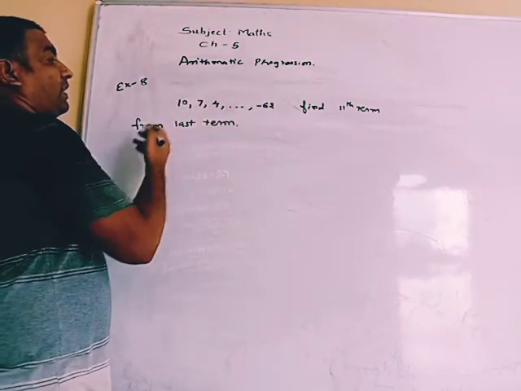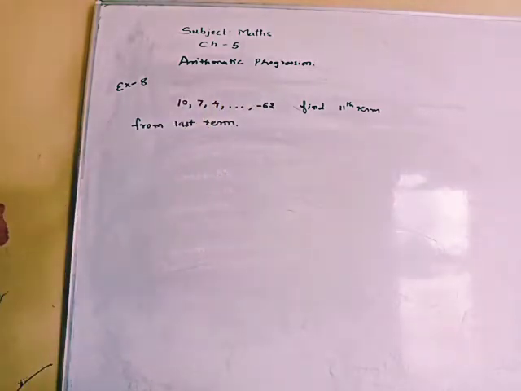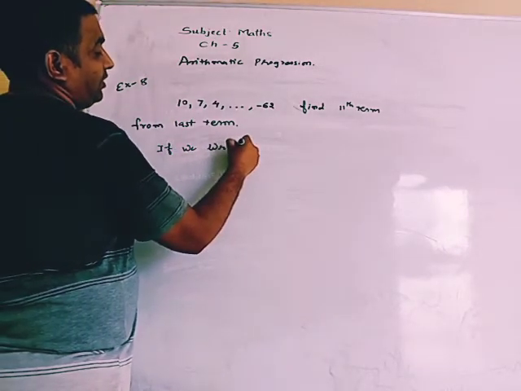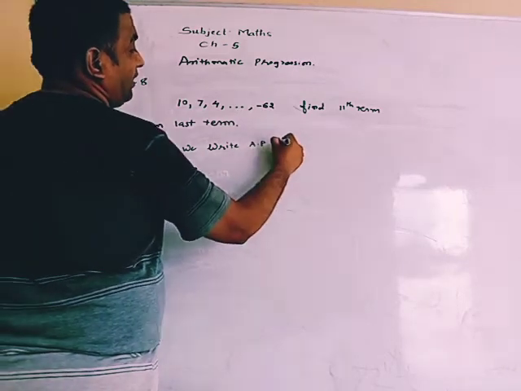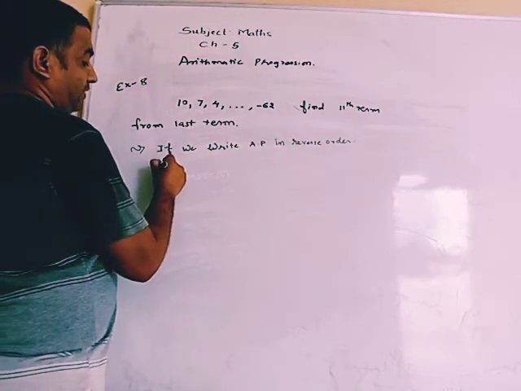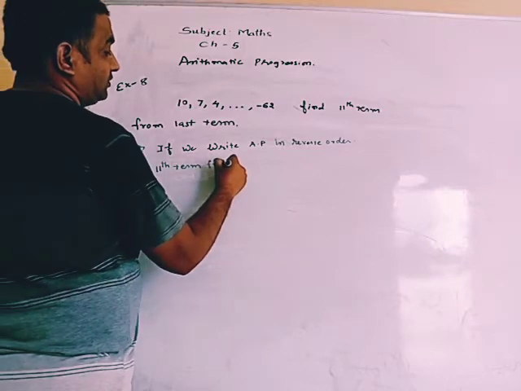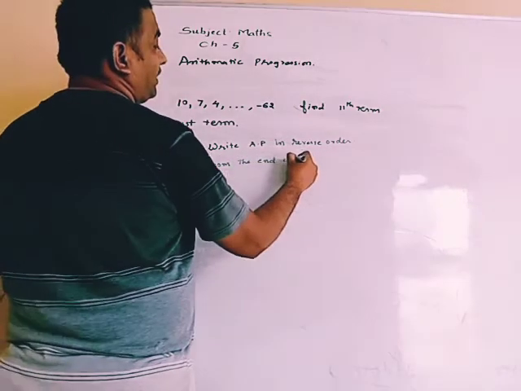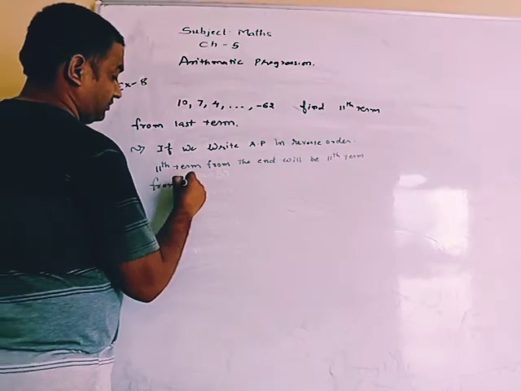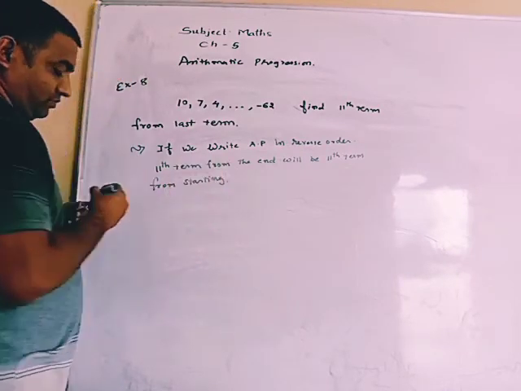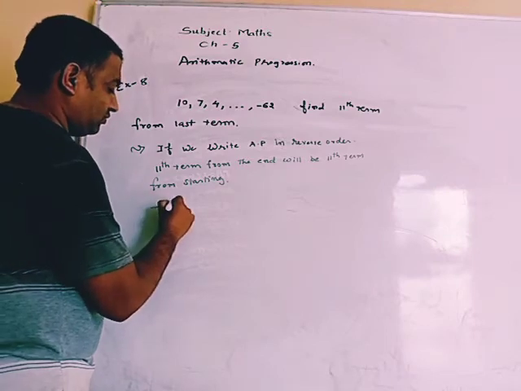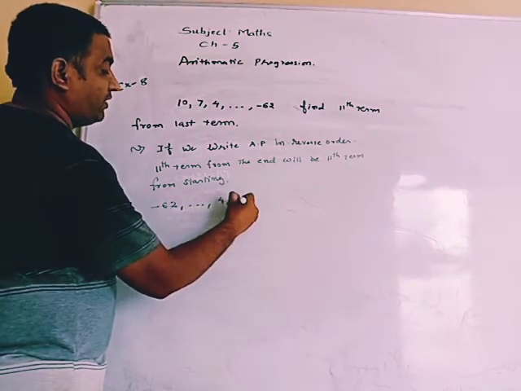So in reverse order we find the 11th term from the end, which will be the 11th term from the starting. So we write this AP in reverse order: minus 62, ..., 4, 7, 10.